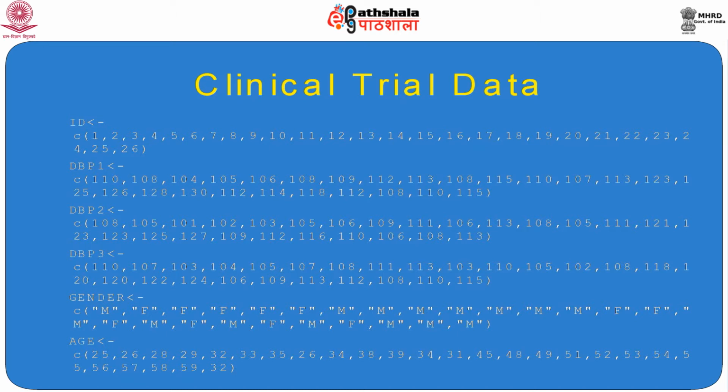So, here is the data set, and the first variable is assigned as ID, from 1 to 26. So, 26 individuals' information is considered, and the second variable is DBP1, which is the baseline diastolic blood pressure.